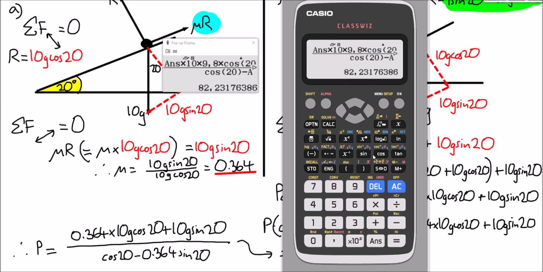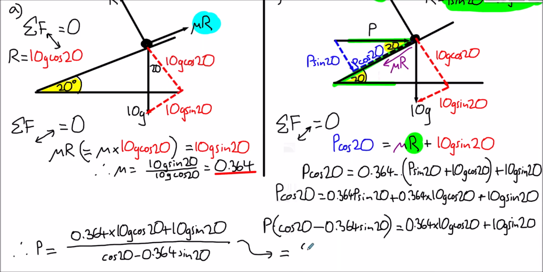Press equals, and what we have dropping out after all that horrible stuff is 82.2. So the maximum value of P is 82.2 newtons, and it's acting at an angle going up the slope.